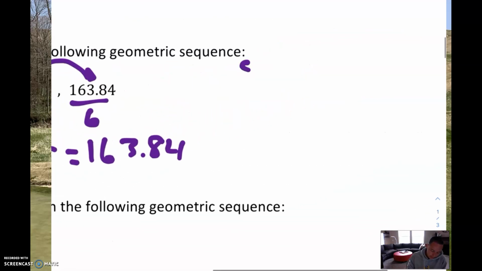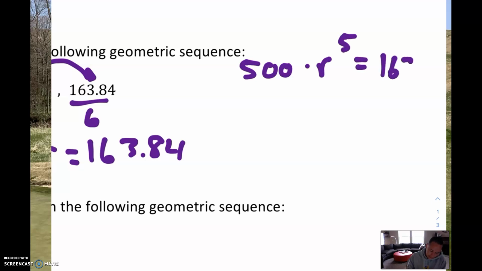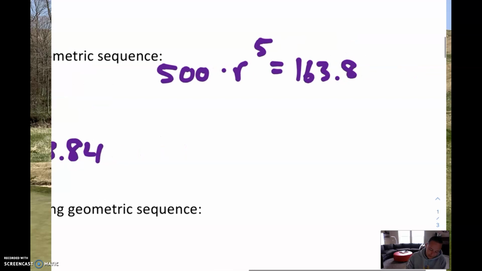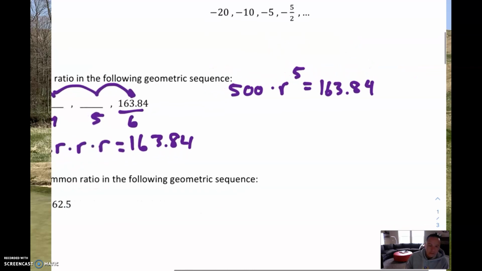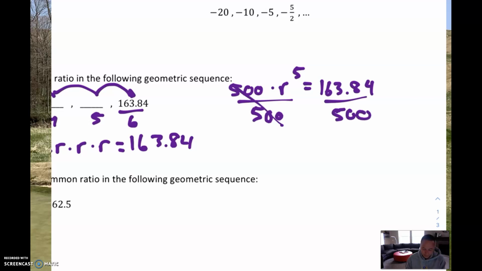Now let's simplify that. We can start with 500 times R to the 5th power equals 163.84. So we had to multiply by that same common ratio 5 times in order to get to that 6th term. So if I want to solve for R, we can just divide by 500. And we're left with R to the 5th equals whatever decimal this gives you on the calculator.